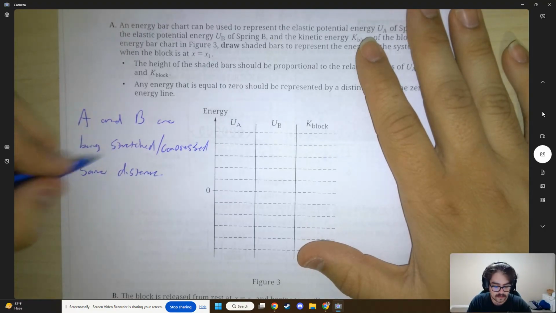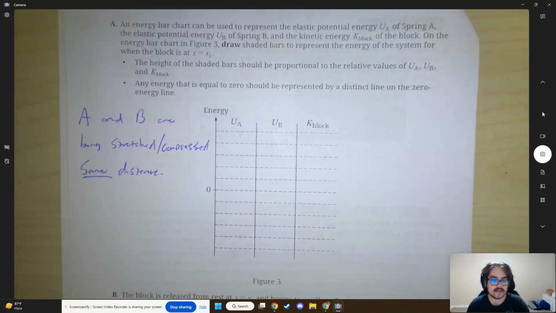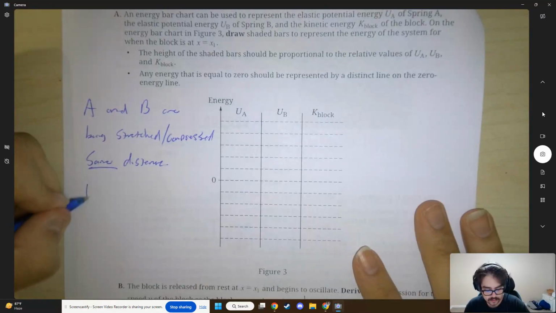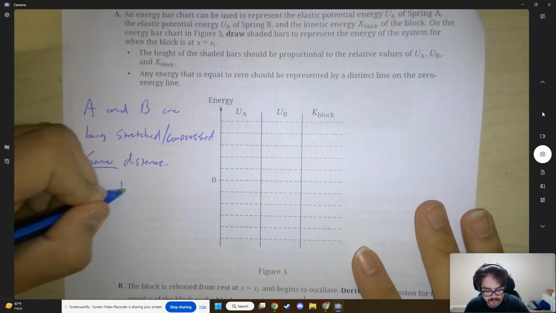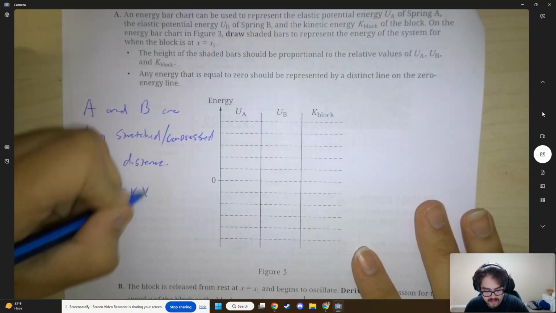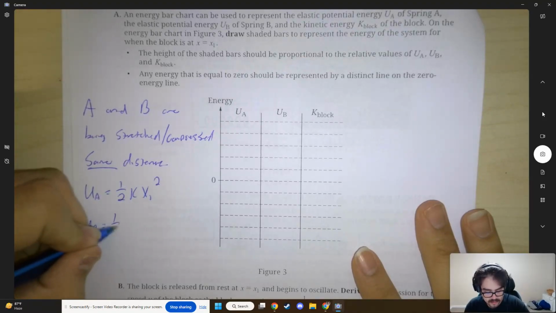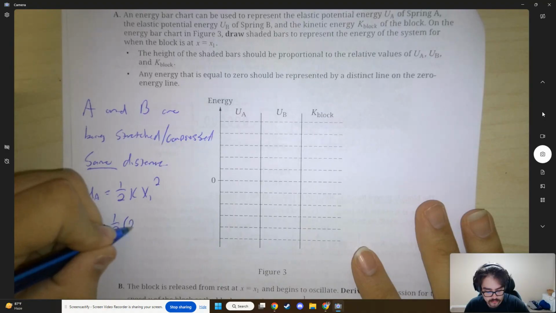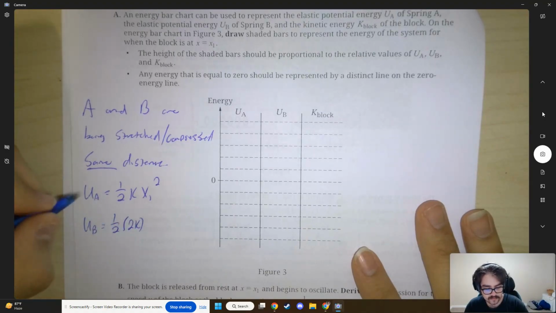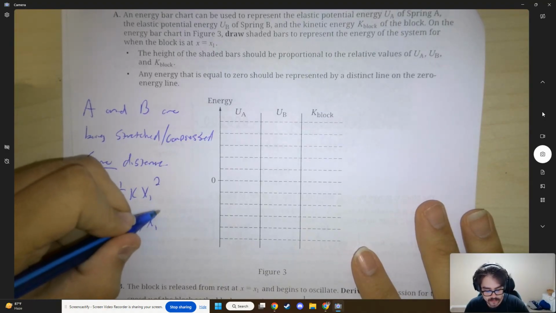So the potential energy of A is just 1/2 k x sub 1 squared, but the potential energy of B is 1/2 times 2k, because it has double the spring constant of A, times x sub 1 squared.